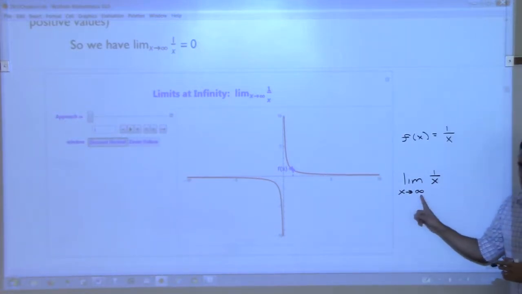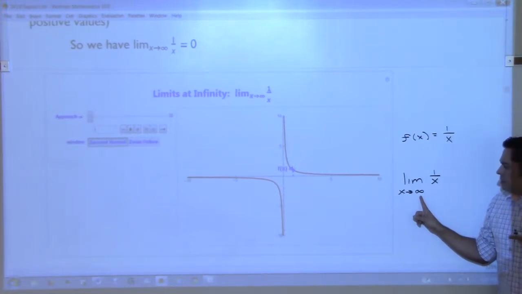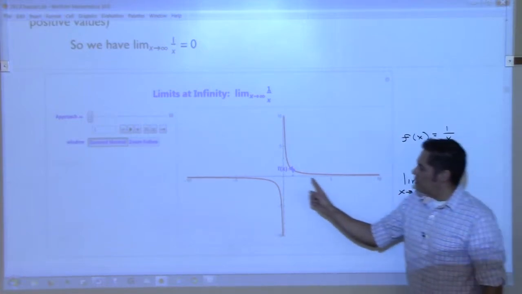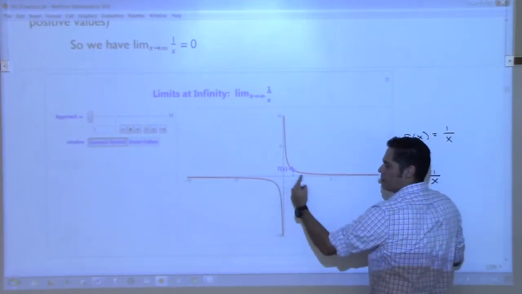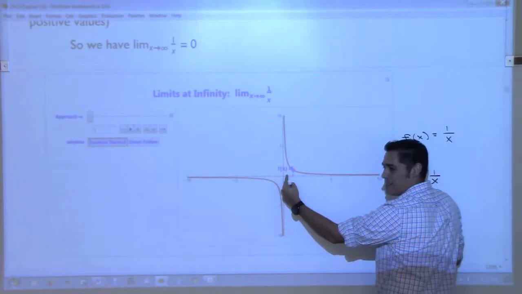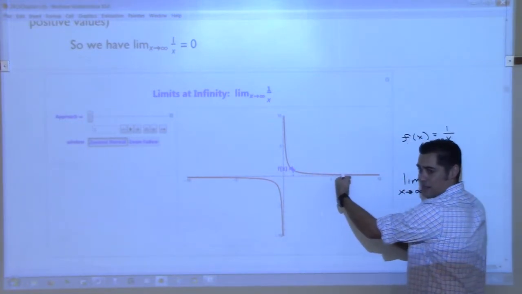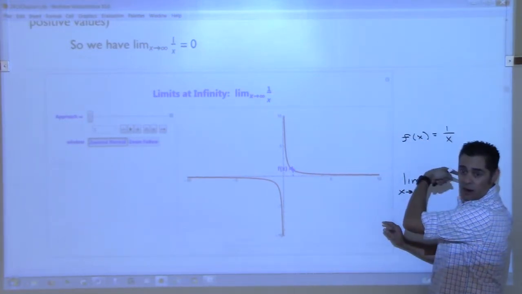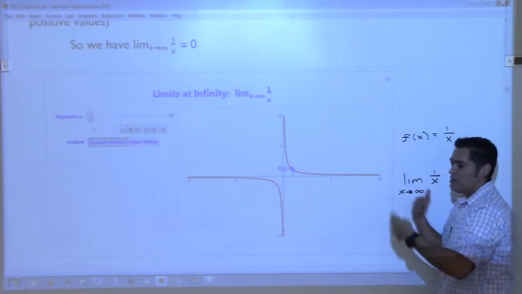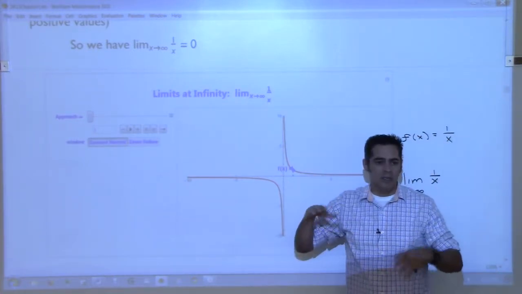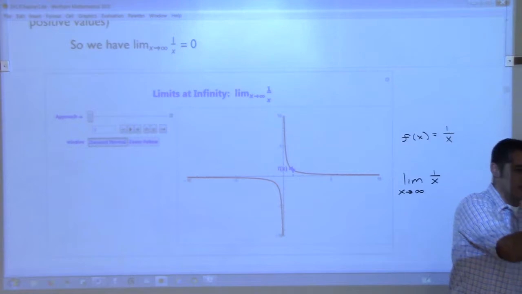So that's not a number anymore, right? Infinity is an idea. Essentially, we're imagining that we let our x value approach positive infinity, which is down the x-axis to the right forever. It just keeps going. And the question is, does the function do something as I head that way?